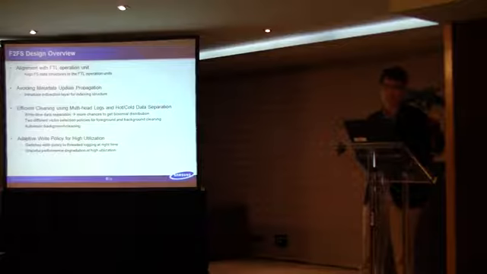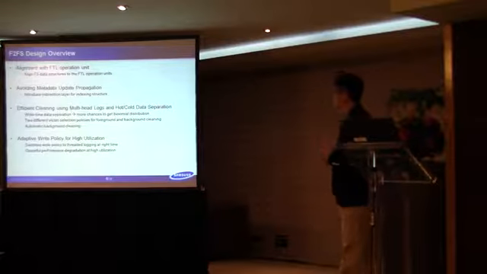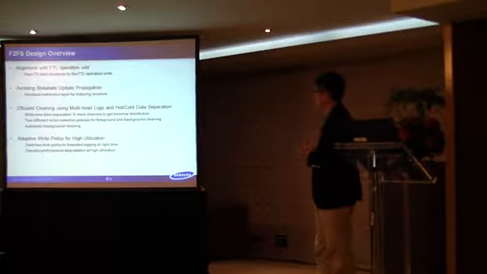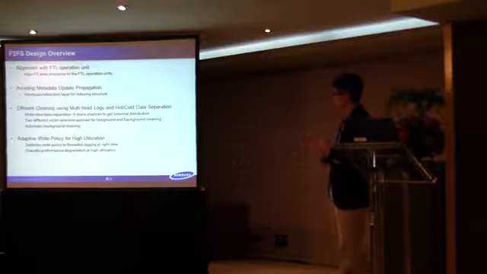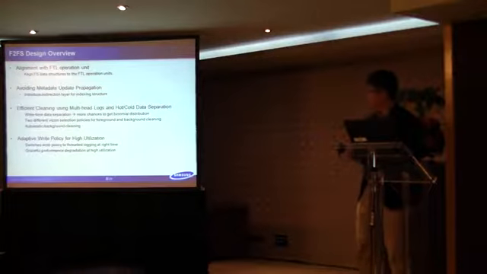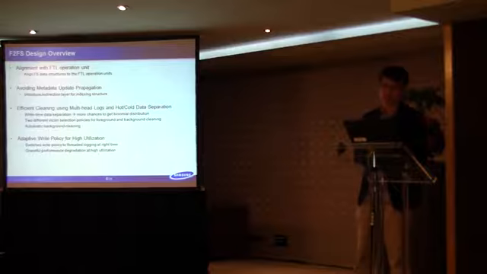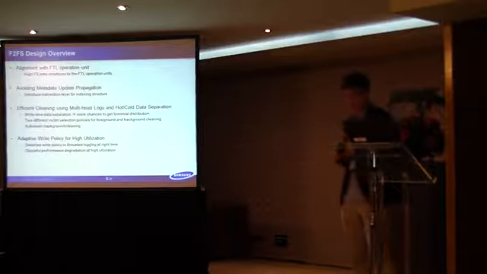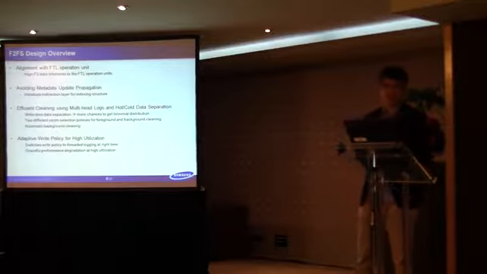And we avoid the metadata update propagation by using an indirection layer. And also, we address the cleaning cost with the multi-head logging scheme, which was already introduced in the conventional LFS, but we use that concept by aligning with the FTL's multi-log characteristics. So that's the key point in our design.